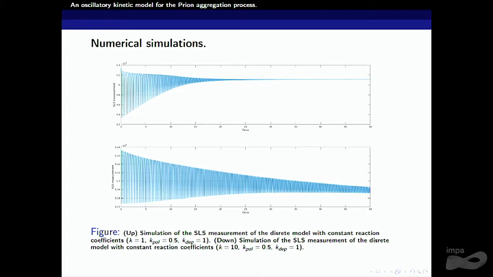The only difference between these two simulations is that we have the same initial condition, so the same total mass and the same number of polymers in both systems, but we don't have the same parameters, and the only parameter which is different is K, the parameter which converts a normal monomer into an infectious one.